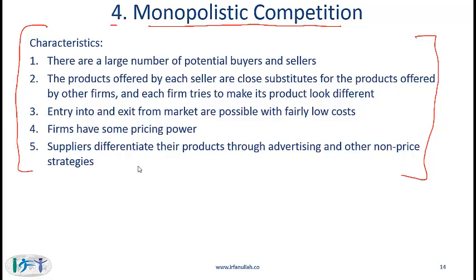The most important aspect of a market which is characterized by monopolistic competition is that firms try to differentiate their products, and this typically happens through marketing and advertising. Firms want consumers to believe that their products are different and better than the competitors' products in some way, and therefore with monopolistic competition, we will see downward sloping demand curves.